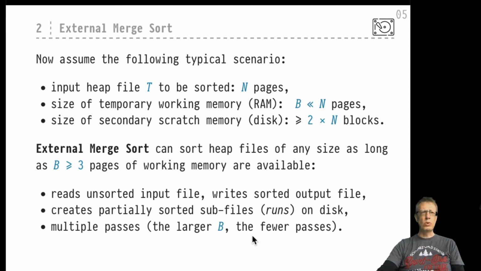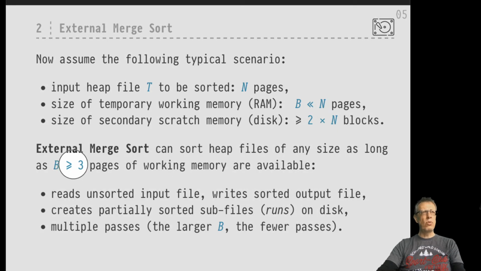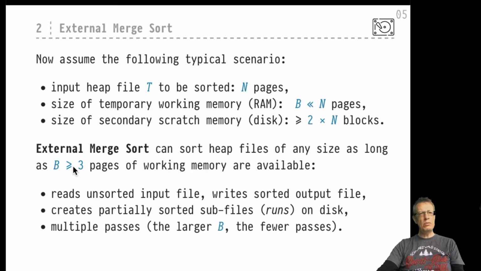And we, of course, would like to reduce that. So the larger B, the fewer such turns, the fewer passes we will need, and the more we benefit. But in the most dire situations where B indeed is only 3, we could even then perform external merge sort.